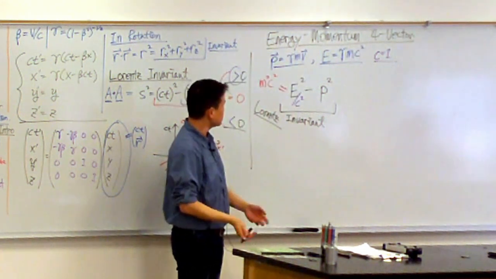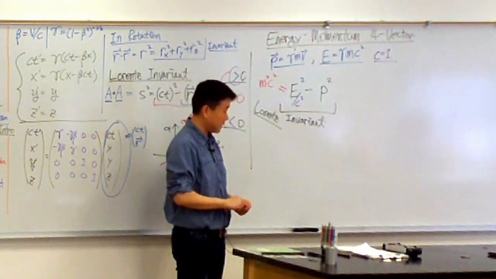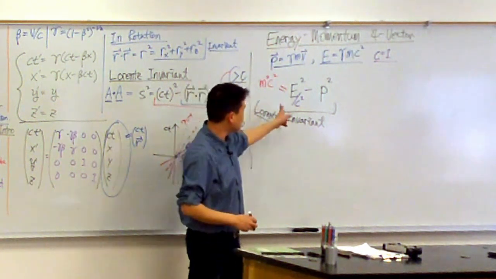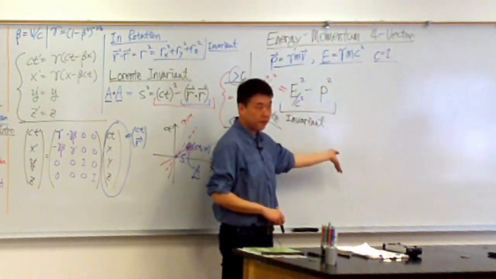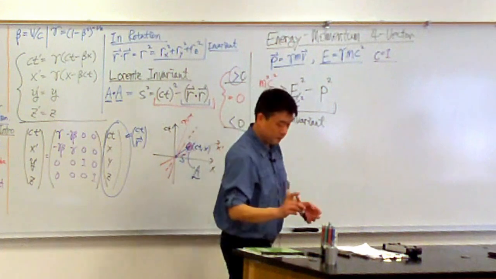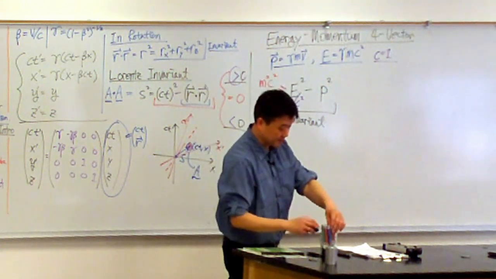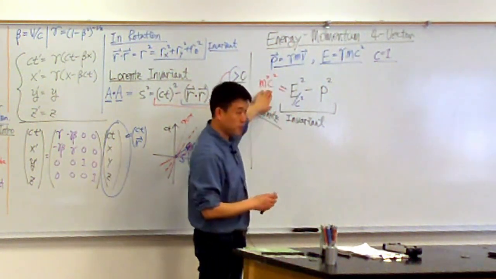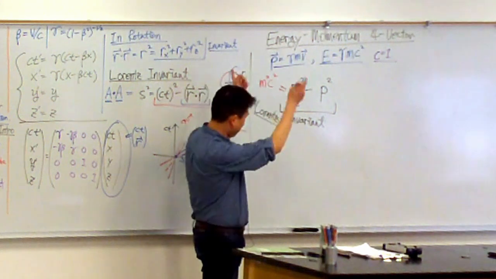All right, so the sweeping claim that I'm making is that I can calculate this in any other reference frame, and I'm supposed to get the exact same thing back. I'm supposed to get mc squared back, or mc the whole thing squared.